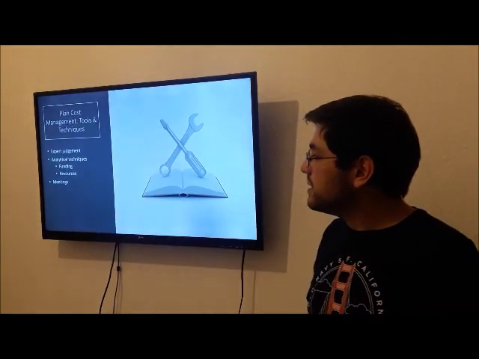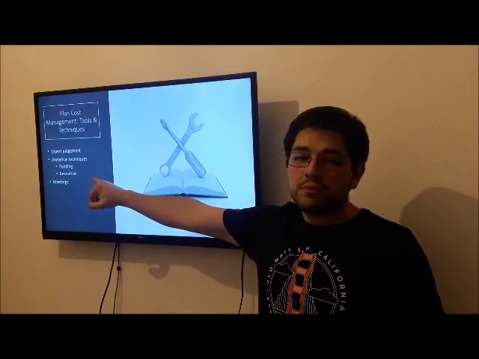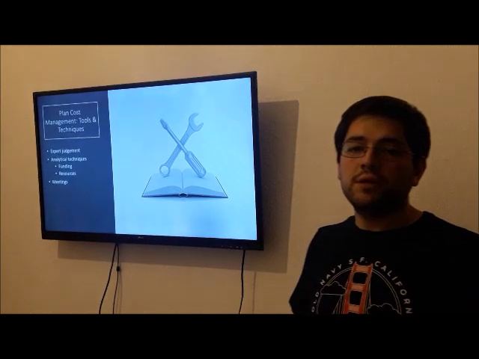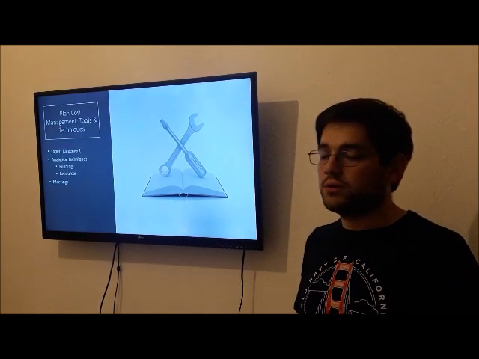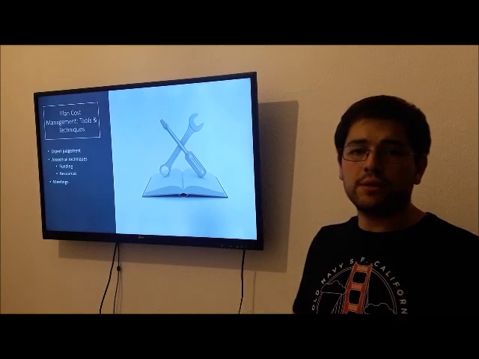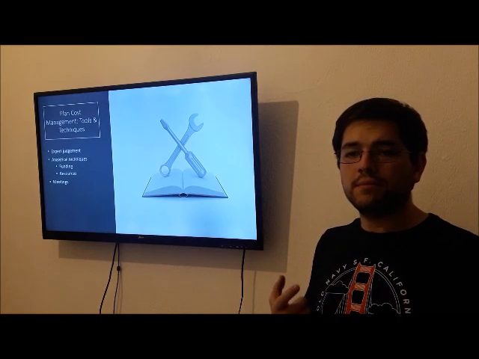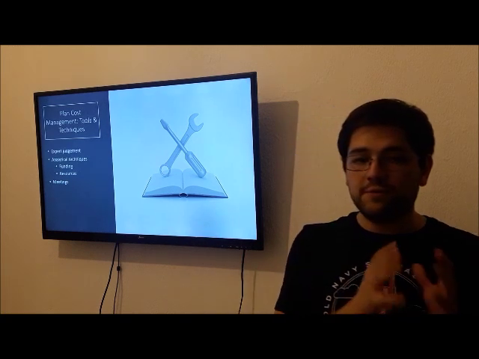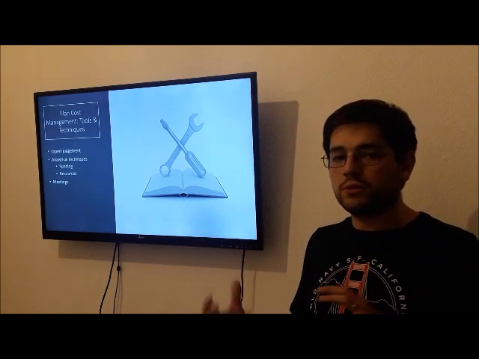And analytical techniques is how we are going to get the money and what our resources are going to be. Funding could be a stakeholder, or it could be a bank. We can have a loan from a bank, and we're going to have to define which is going to be our source of money.